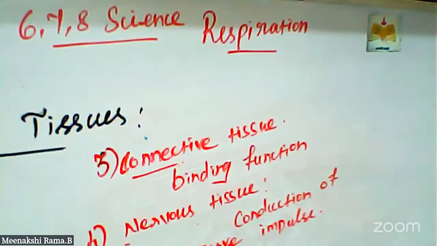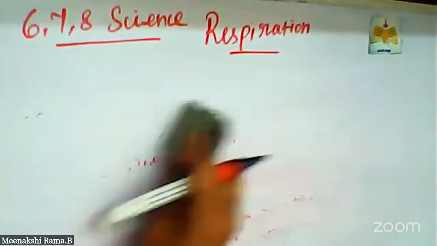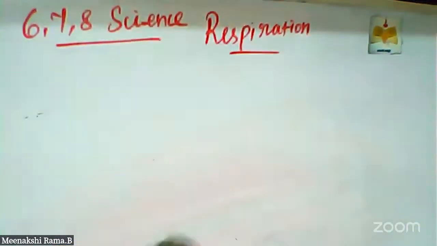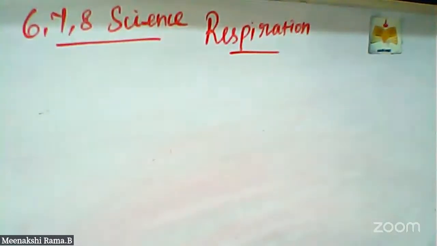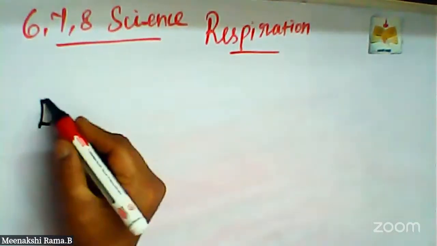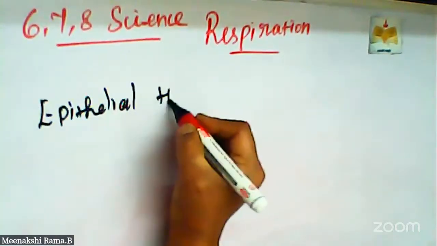Okay, the first one is the study of epithelial tissue. There are two types of epithelial tissue: one is simple epithelium, another one is compound epithelium. I am waiting, students, before I start the next topic. Is there any doubt? You can ask me. The first topic is epithelial tissue.